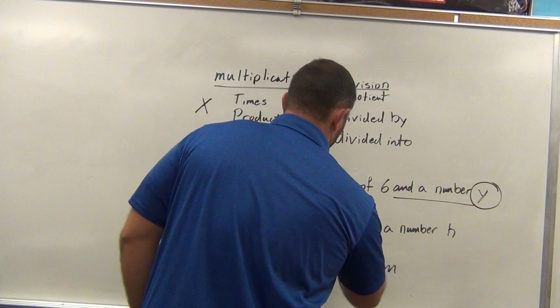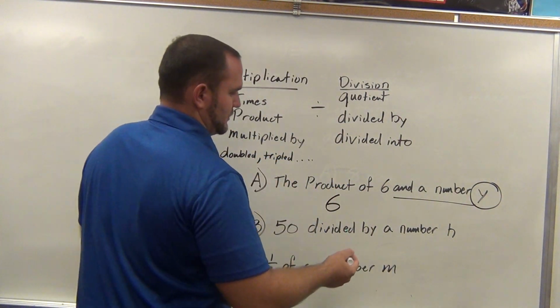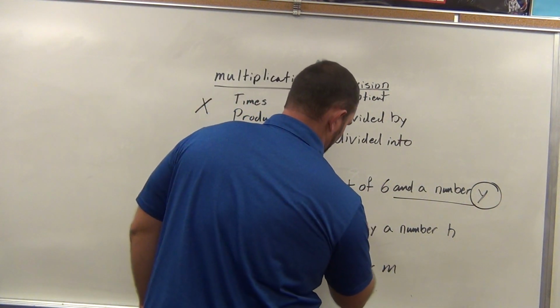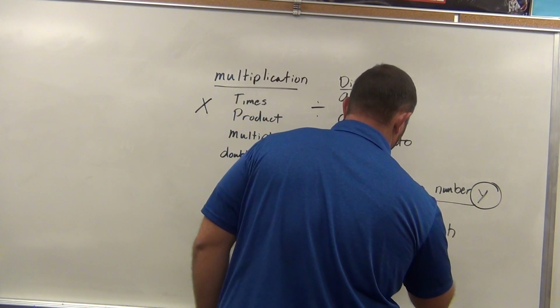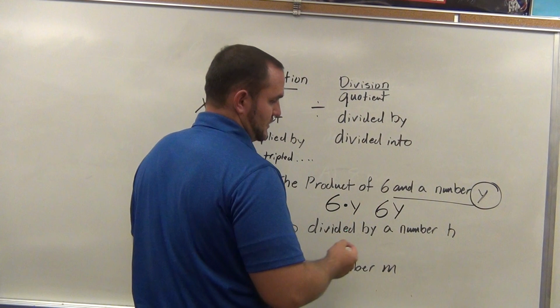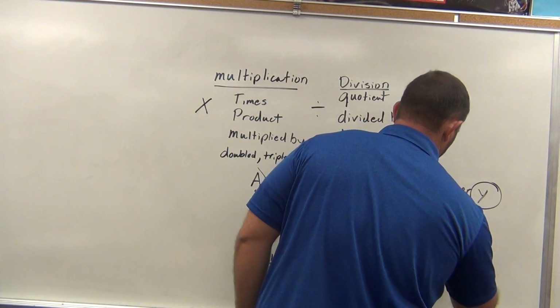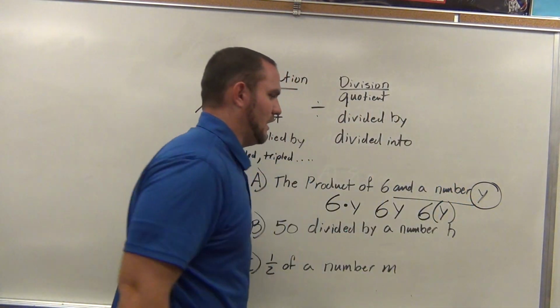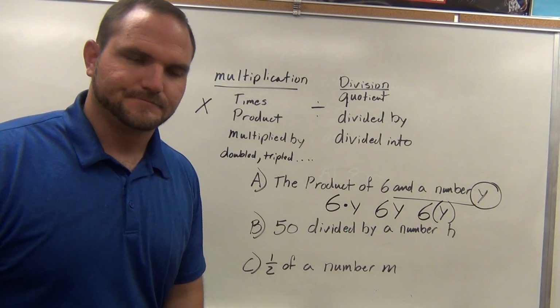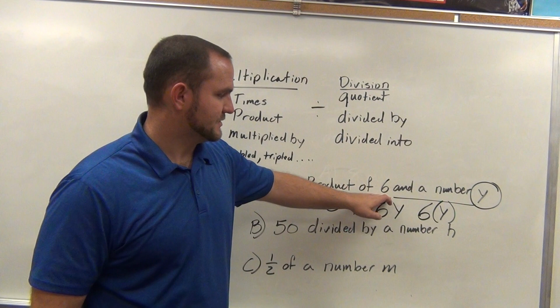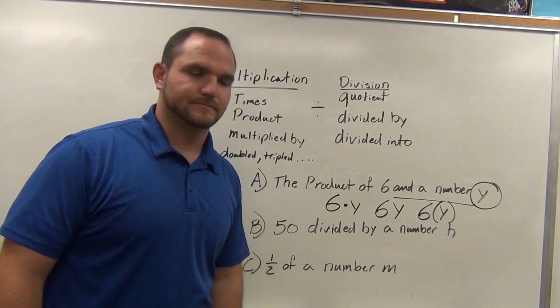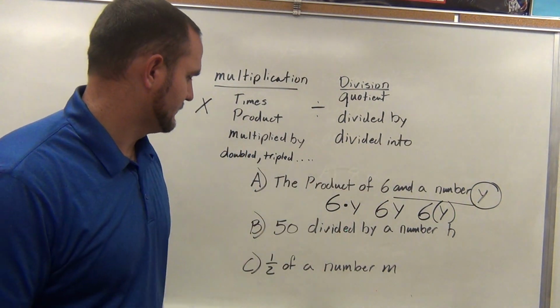So the product was multiplication. Now you can do it 2 ways. You could do a dot with the y. You could do 6y, and you could do 6 parentheses y. All of those mean the same thing, okay? So that would be the product of 6 and a number y. So 6 multiplied by y.